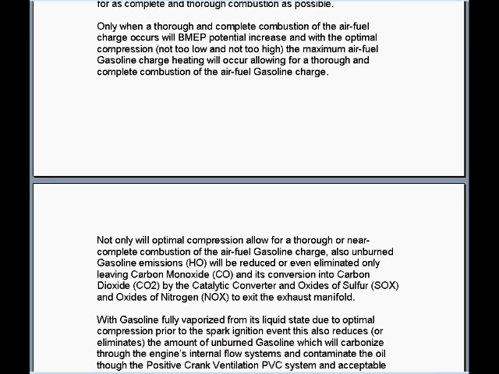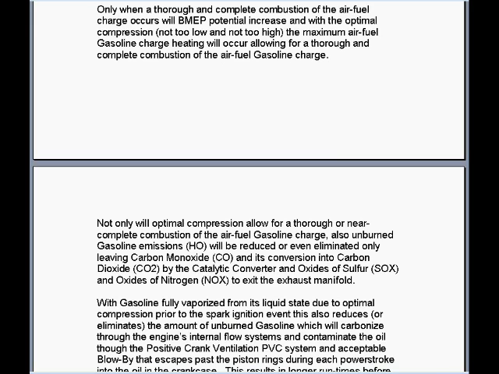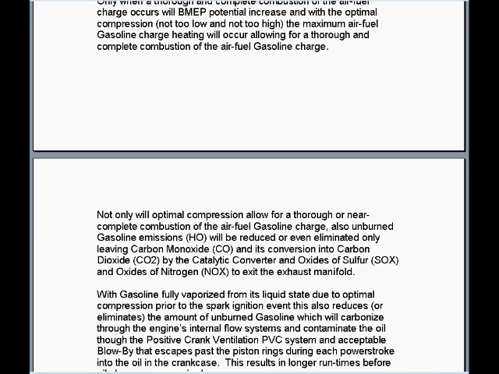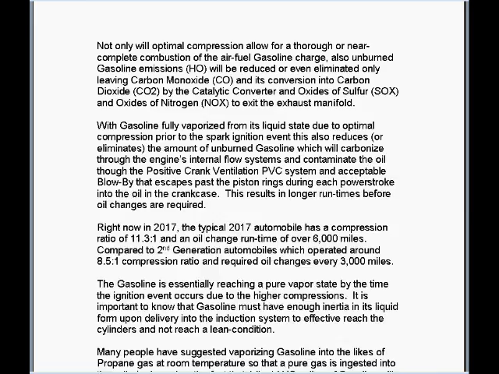Only when a thorough and complete combustion of the air-fuel charge occurs will BMEP potential increase, and with the optimal compression, not too low and not too high, the maximum air-fuel gasoline charge heating will occur, allowing for a thorough and complete combustion of the air-fuel gasoline charge.